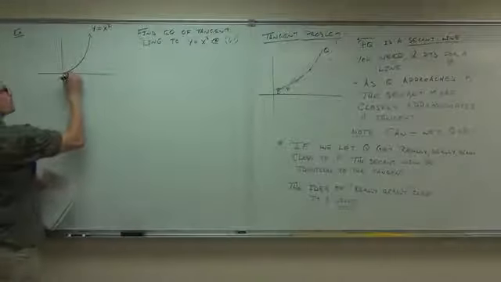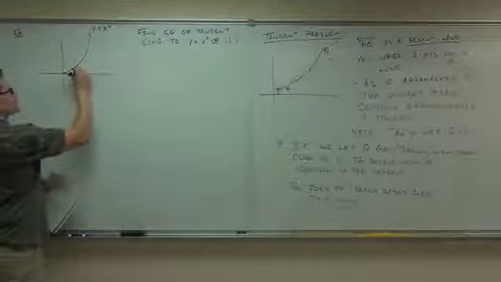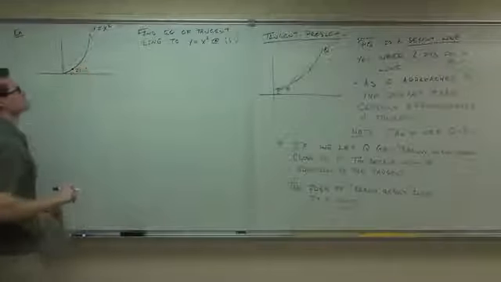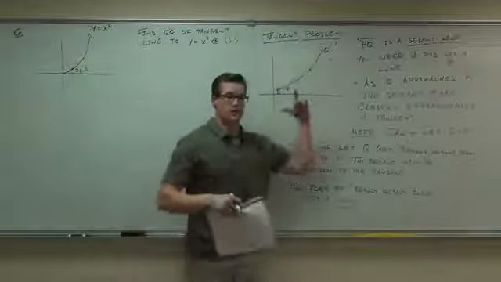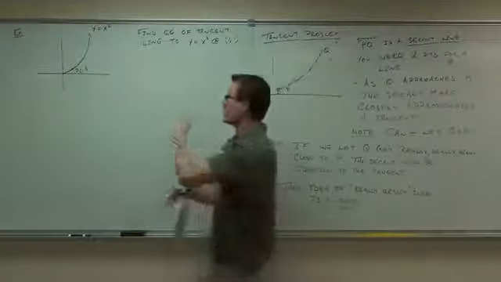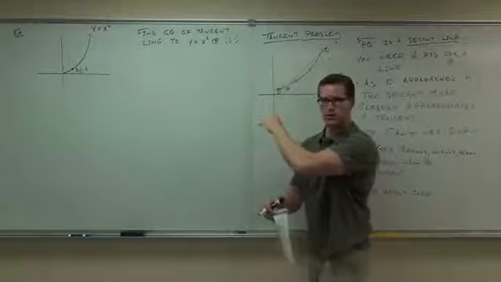Well, let's go over to 1, 1, and let's put a point there. So P is the point 1, 1. I'm going to walk you through how we're going to make up a tangent line using this idea. Are you ready for it?